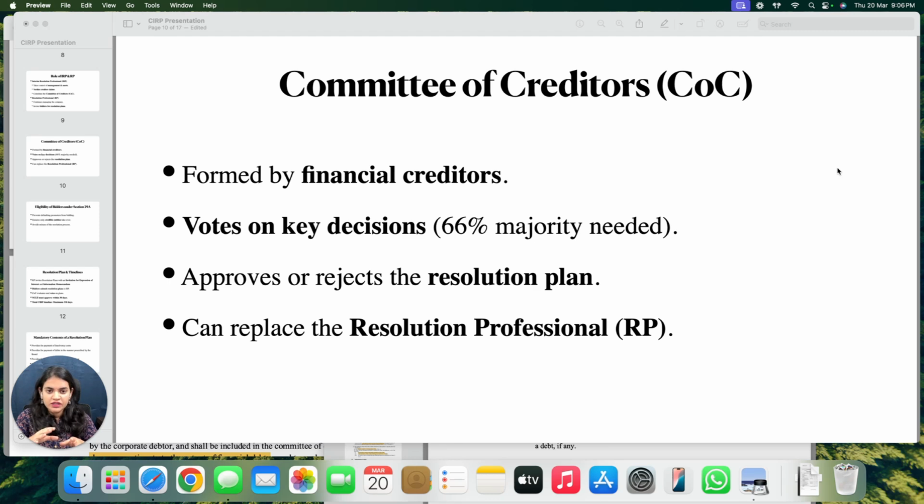In a similar manner, an operational creditor submits their claim under Form B. Any operational creditor other than workmen and employees, they submit Form B, and they are also required to submit such other evidences which may aid in substantiation and admitting the claim.